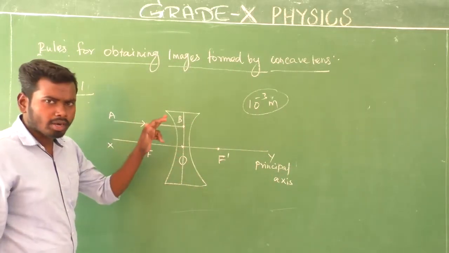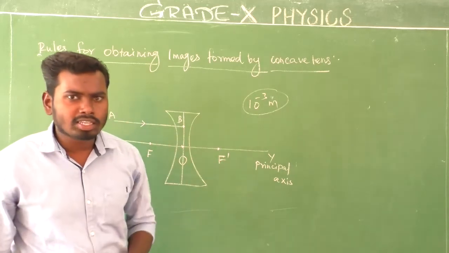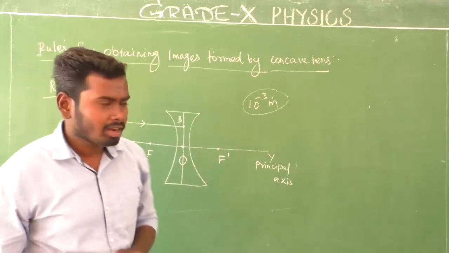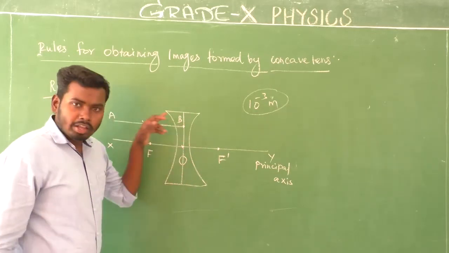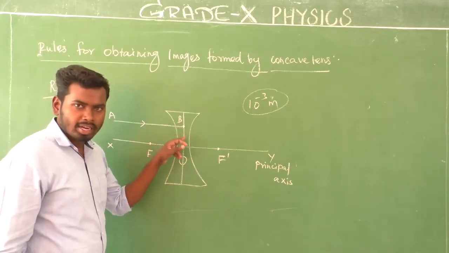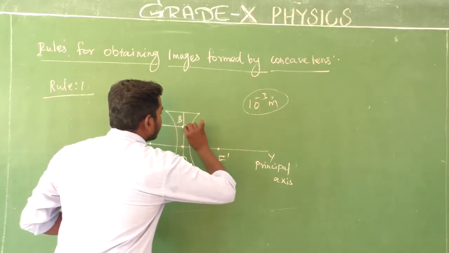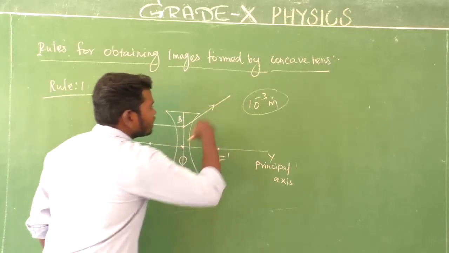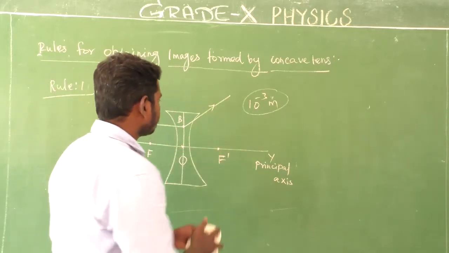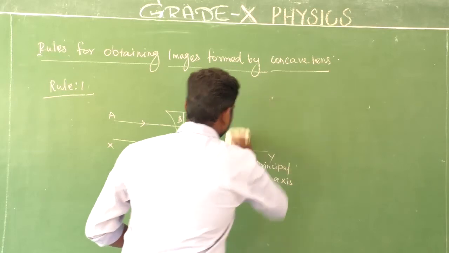So look at here. This is a concave lens. What is a concave lens? A concave lens is a diverging lens. Am I right? So after refraction through a concave lens, this concave lens diverges the ray of light. Look at here.